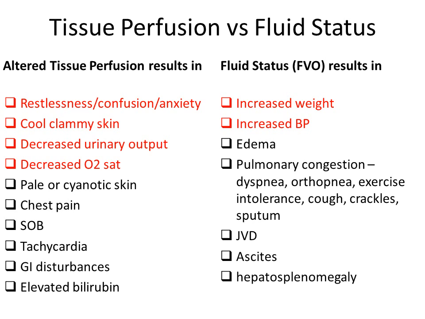Let's talk about tissue perfusion and fluid status. Heart failure, decreased cardiac output, results in altered tissue perfusion. So when I say decreased cardiac output, you think the problem with decreased cardiac output is poor perfusion to the target organs.